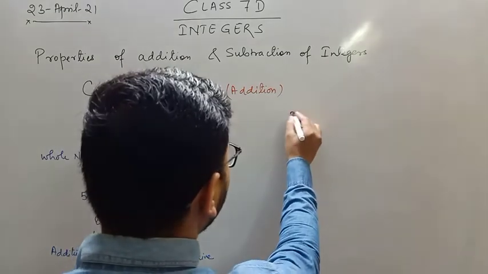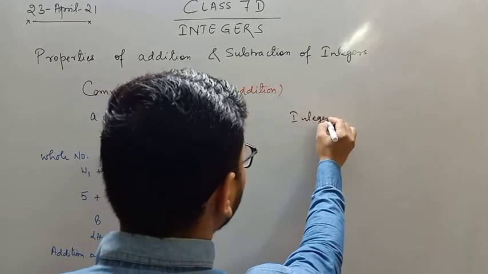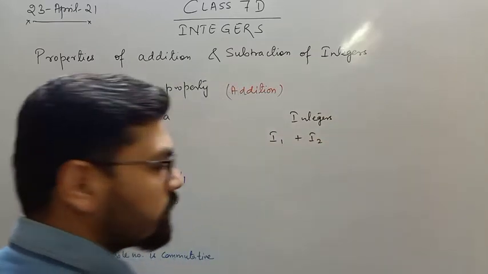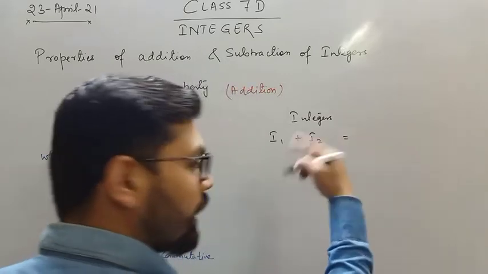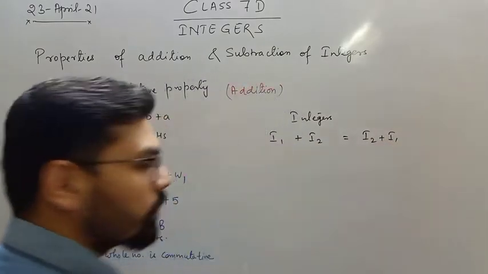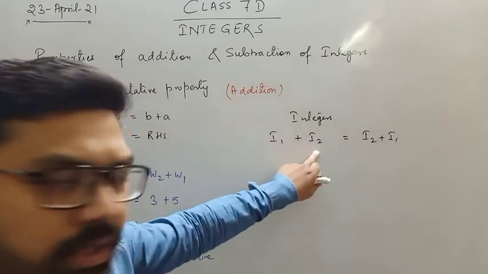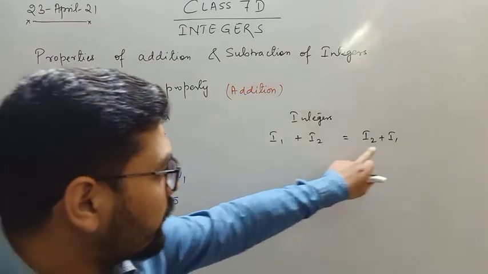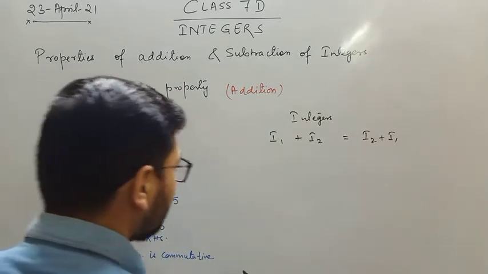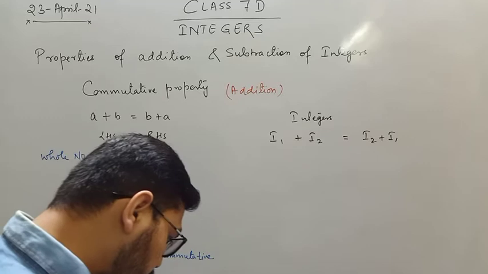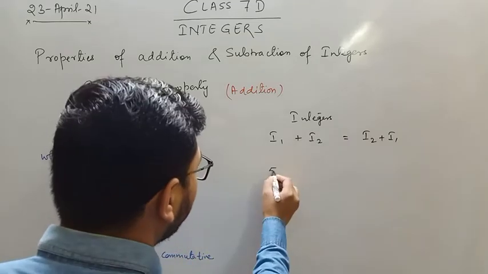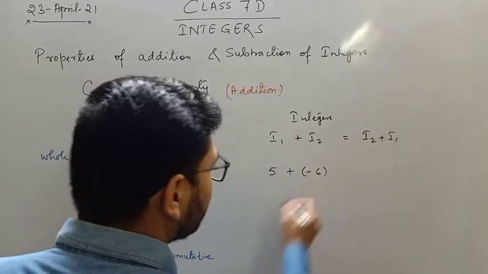So next thing is integers. Let's say I have an integer I1. When I add this with I2, will I get the same result if I write I2 first then I1? I1 plus I2. Now if I write I2 first then I1, will I get the same result? Let's check. Okay, I'll take one example from your book. Let's say one integer is 5 and the other integer is a negative integer.